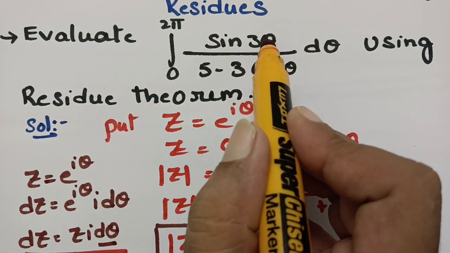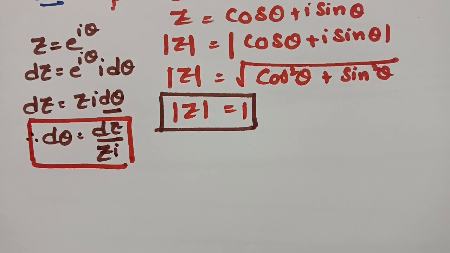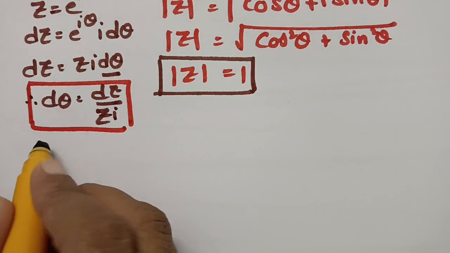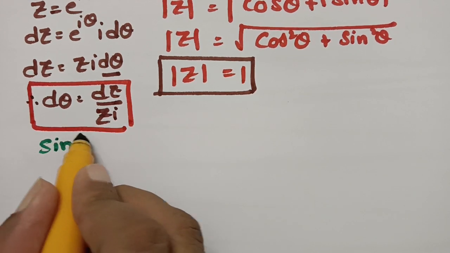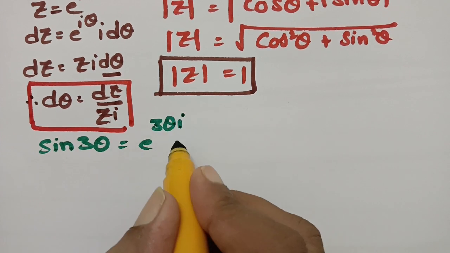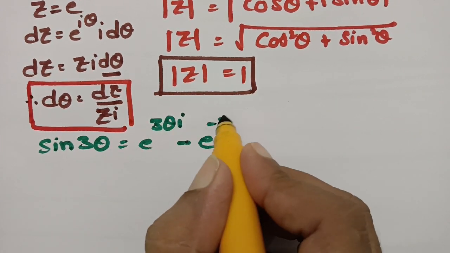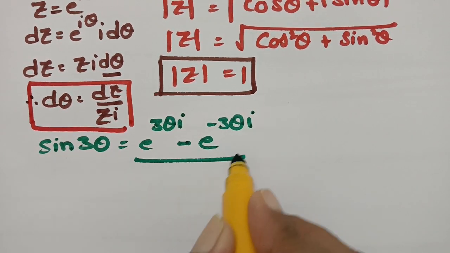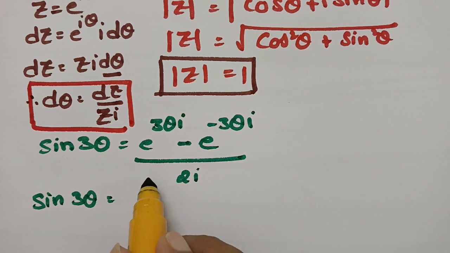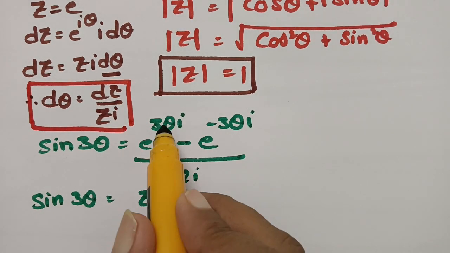So again I am going with sin 3 theta. Sin 3 theta is nothing but, as usual, sin 3 theta is equal to e power 3 theta i minus e power minus 3 theta i, by 2i. So this can be written as sin 3 theta equal to z cube minus z power minus 3, by 2i, since e power i theta is z.